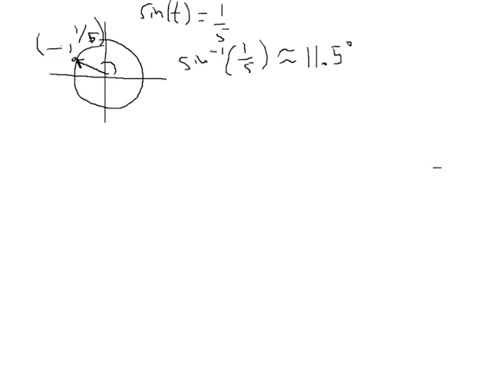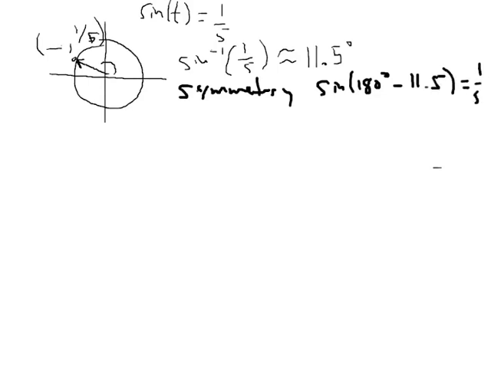But obviously 11.5 degrees is not a second quadrant angle, and the reason is that the inverse sine function can only give you answers in the first and fourth quadrant, so it's not going to be able to give you a second quadrant angle. But we know from symmetry that if the sine of 11.5 is 1/5, then also the sine of 180 degrees minus 11.5 should also be 1/5, approximately.